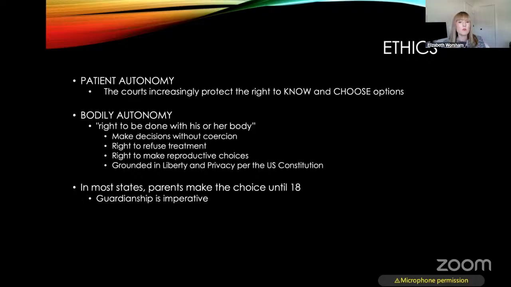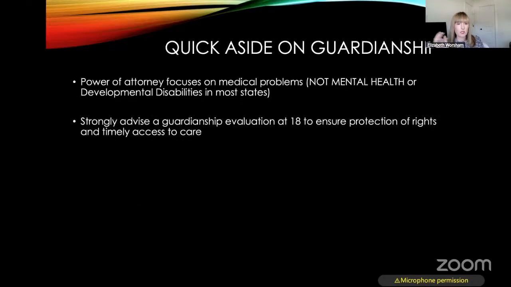And in most states, I'm licensed in Florida and in Oklahoma, and every state has their own rights. But in most states, parents will be the ultimate decision maker until a person is 18, or if a person has guardianship. A quick aside on guardianship: there's a difference between medical power of attorney and guardianship.